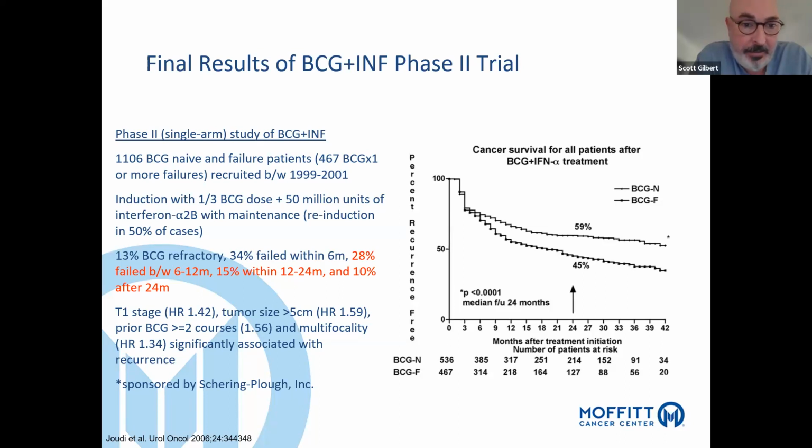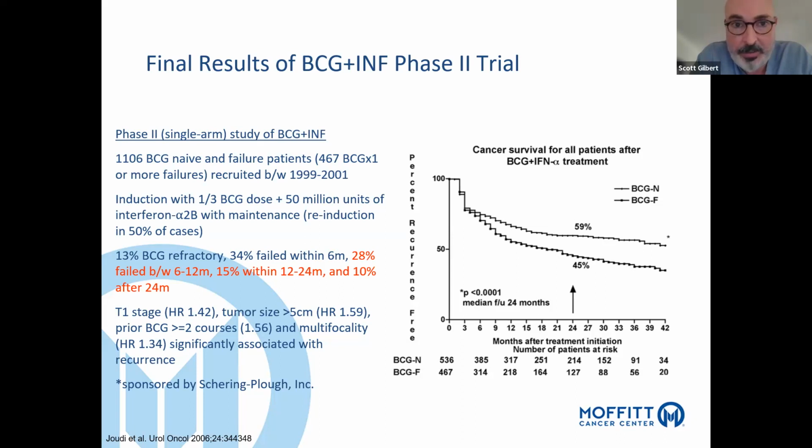And even though it was a more favorable mixed population, not truly BCG unresponsive, they still had very high failure rates, like 34% at 6 months. And then an additional 28% of patients failed between 6 and 12 months. And then another 15% of patients failed between a year and 2, and 10% of patients failed after 2 years.